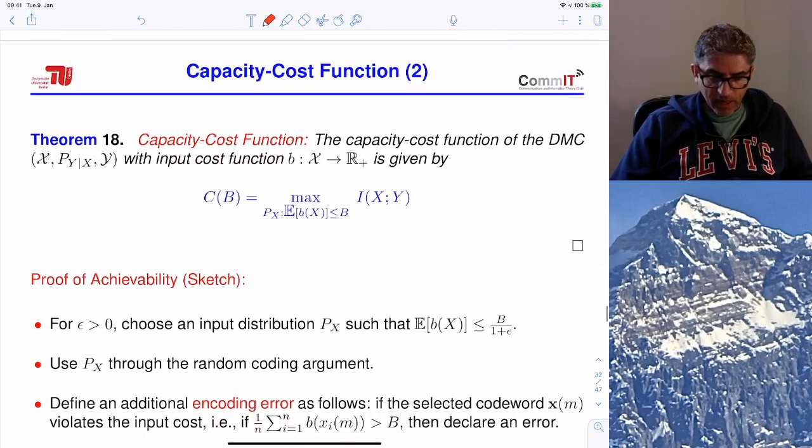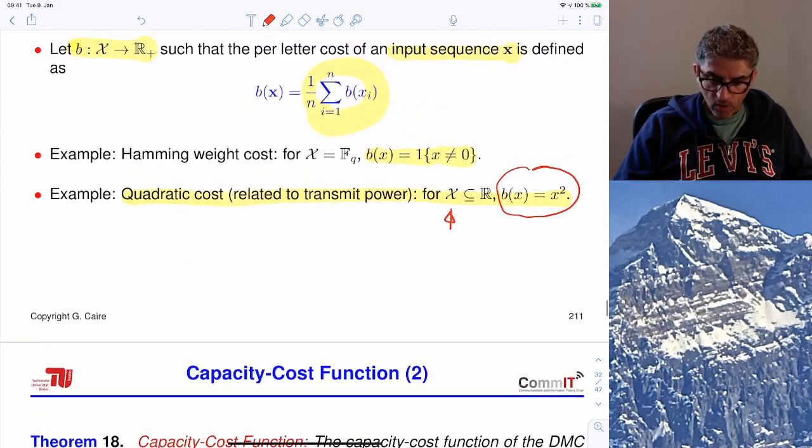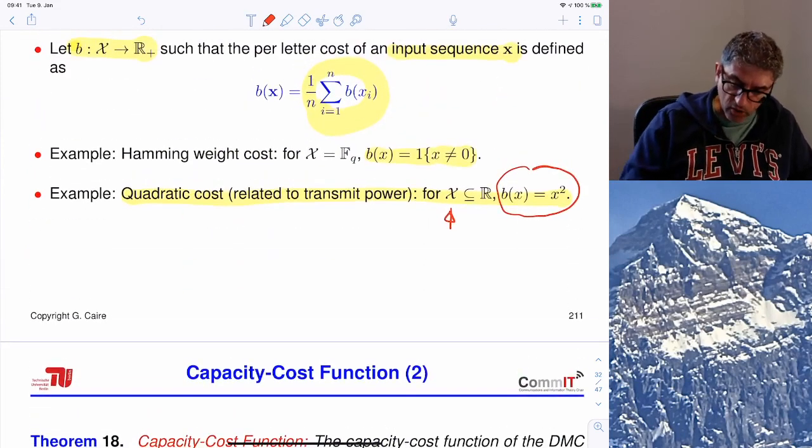So the capacity cost function: for a given cost, we want to find the best possible achievable rate. Now we have an additional constraint.